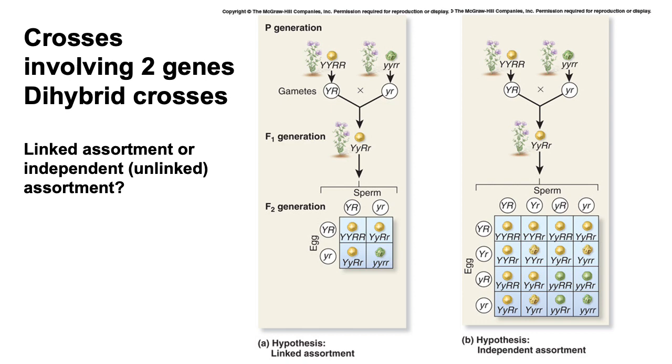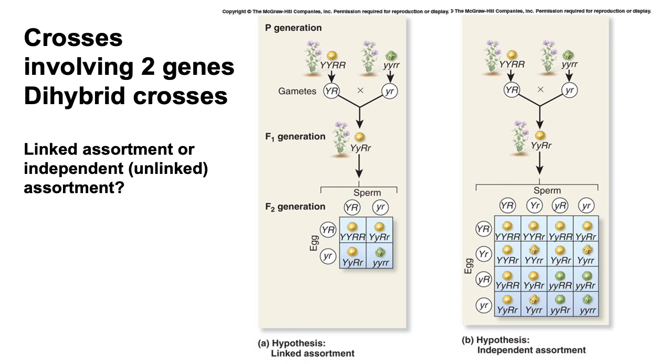In other words, there's nothing that holds the dominant allele Y and the dominant allele R from segregating together all the time. So you see at the top of the Punnett square there at the bottom, you see all possible combinations. We could get both dominant alleles together in a gamete. We could get the dominant for color and the recessive for shape. We could get the recessive for color and the dominant for shape, or both recessives. And so you see all possible combinations that would indicate that they would randomly assort.